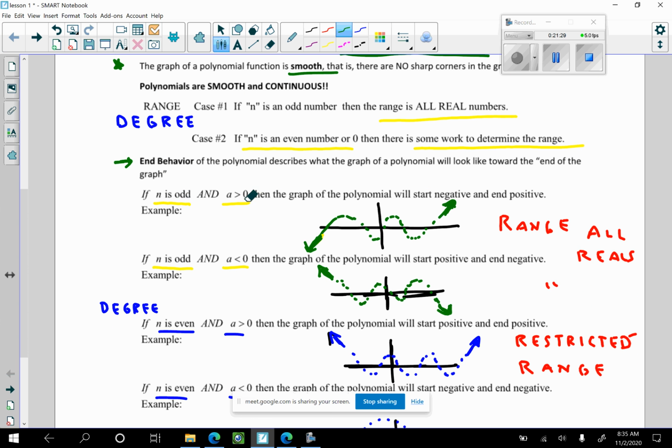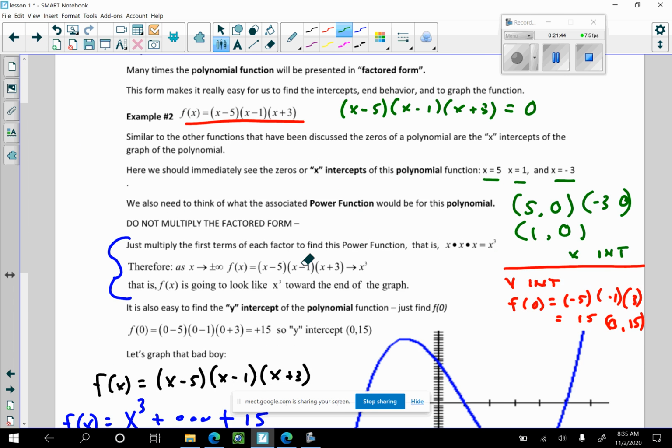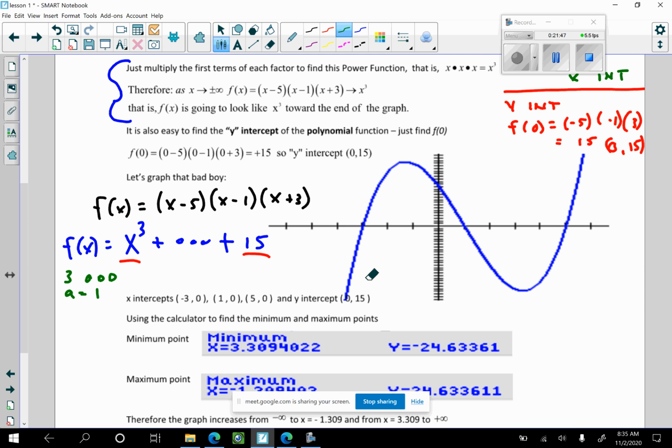Odd, A is positive, N is odd. Starts negative, it ends positive.